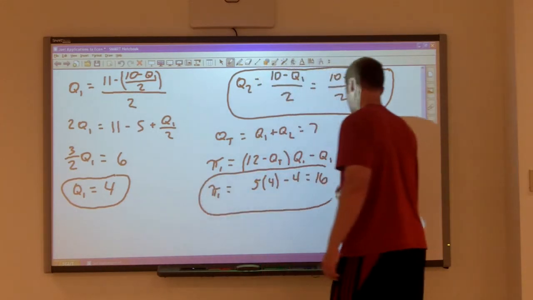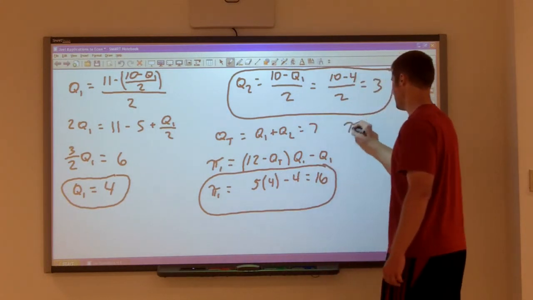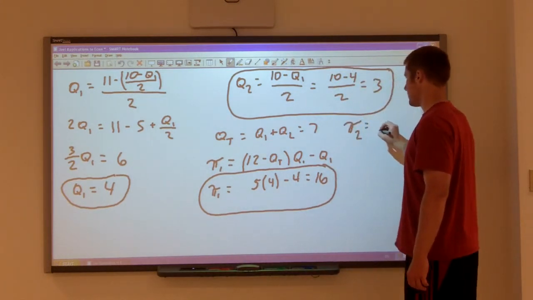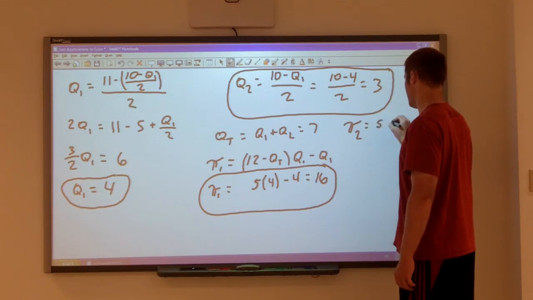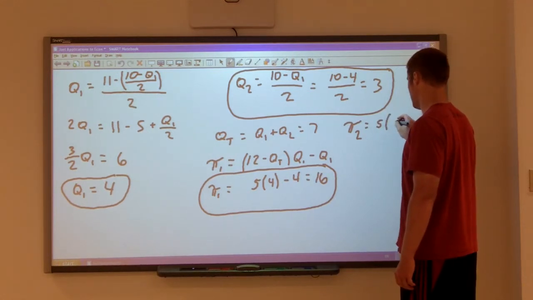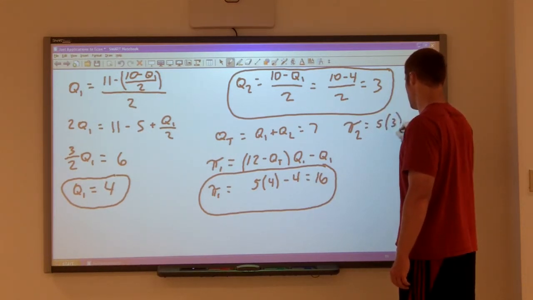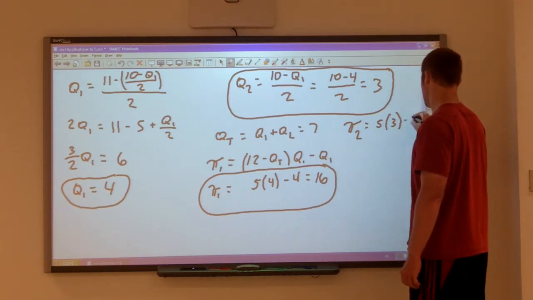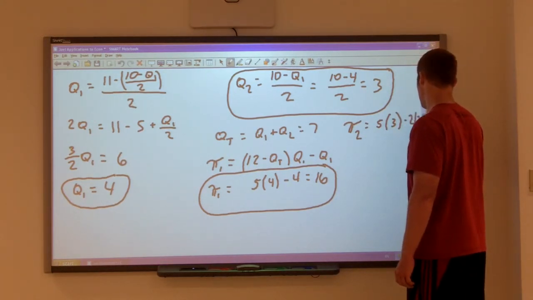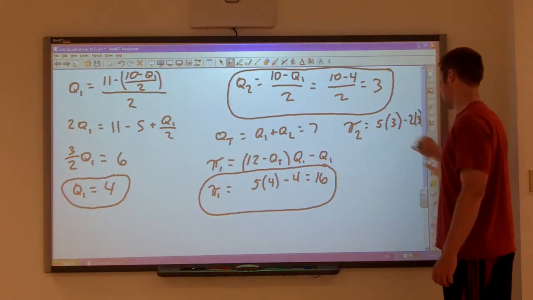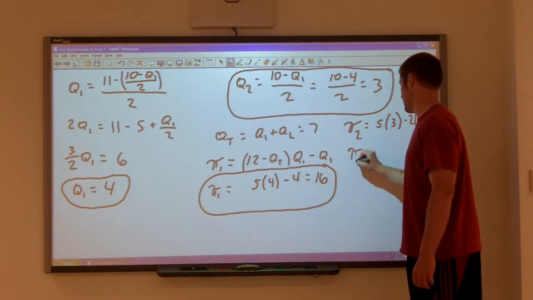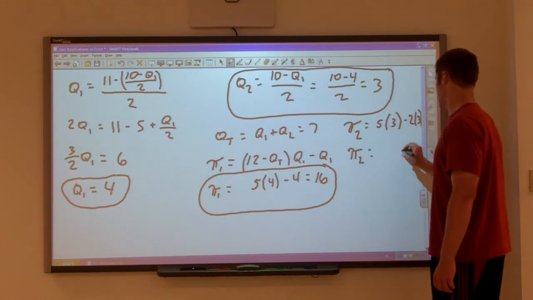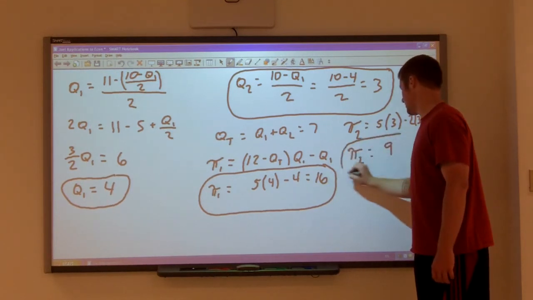So there's pi 1. Pi 2 is going to be 5 times 3 minus 2 times 3, and that is 9.